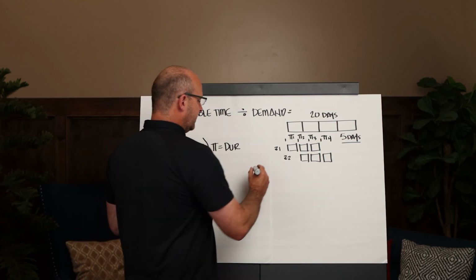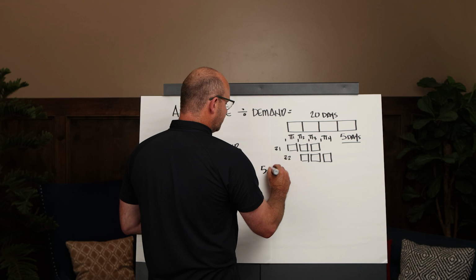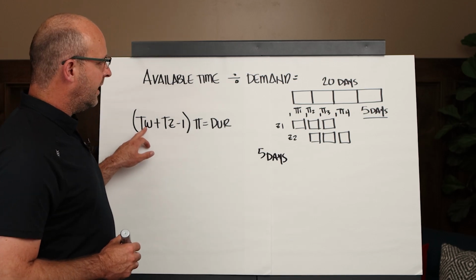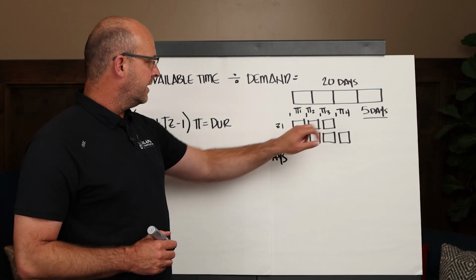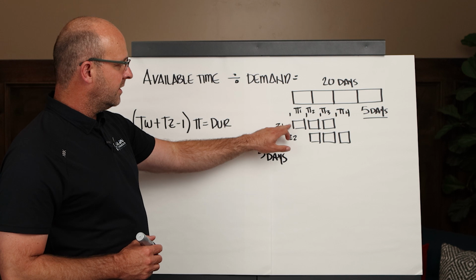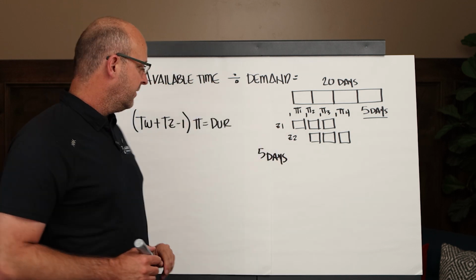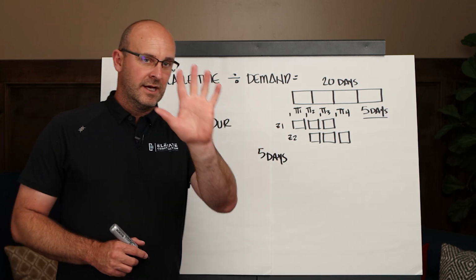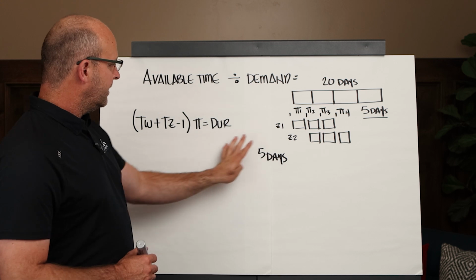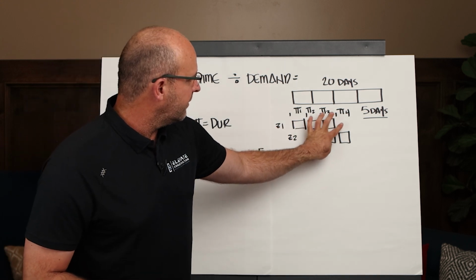Let's just, for ease of use, say this was 5 days. The formula goes takt wagons, so you have 1, 2, 3, plus takt zones, you have 1, 2, so that's 5. Minus 1, that goes from 5 down to 4, and so you can see 1, 2, 3, 4.